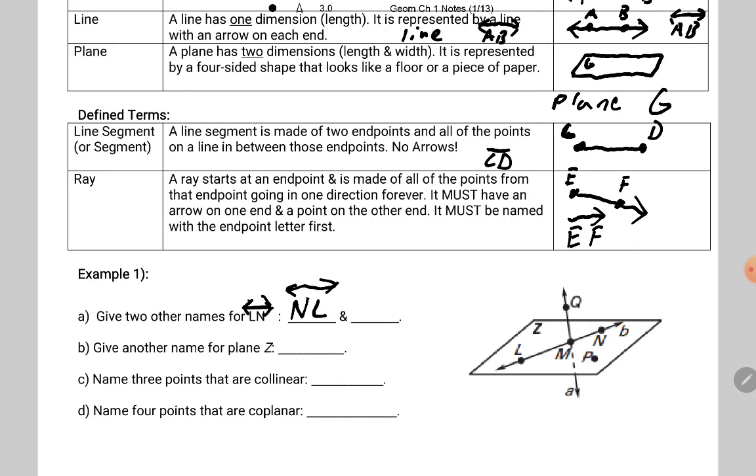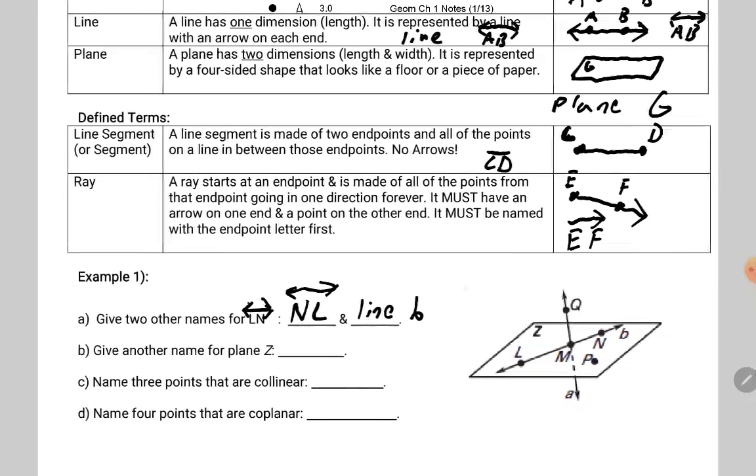We can use line b. Sometimes they have a lowercase letter next to the line, and that represents the entire line. We can also use other points on the same line. So I can say LM, and then its reverse ML. I can use MN or NM. All of those are the same line.